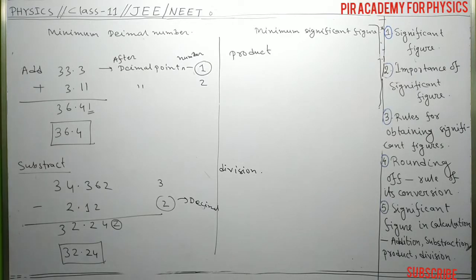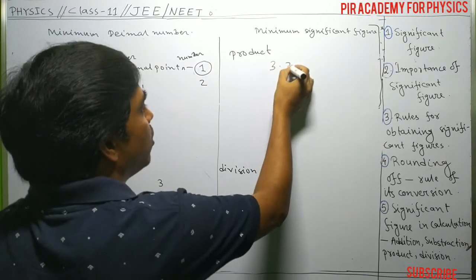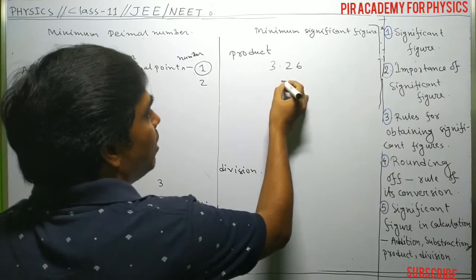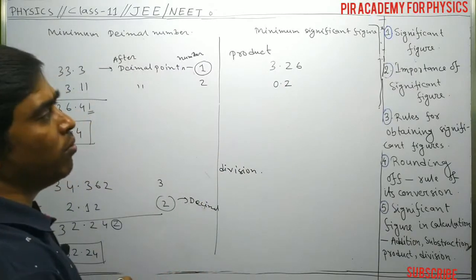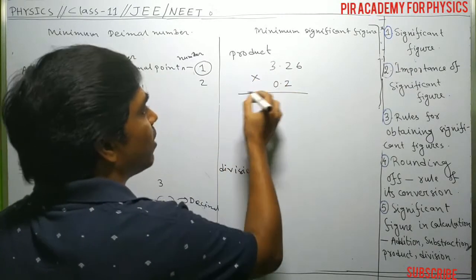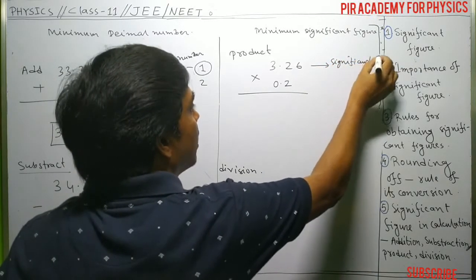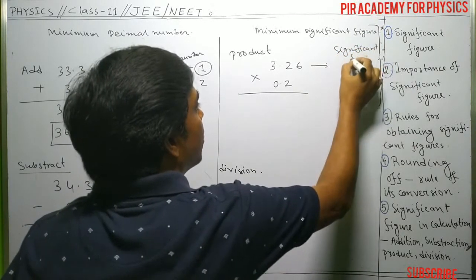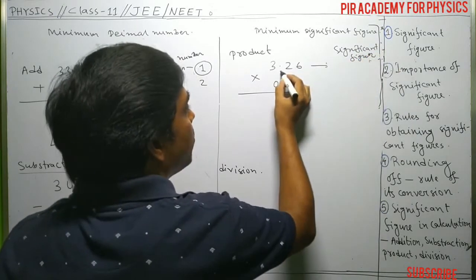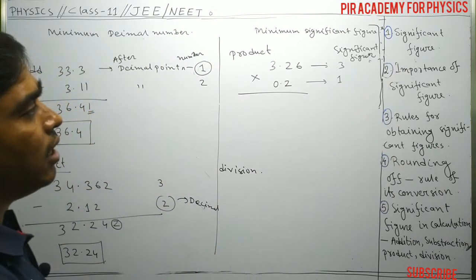Then if you want to multiply, suppose 3.26 multiplied by 0.2. If you want to multiply this value with this, what is the significant figure? Here the significant figure is 3, and here it is 1.